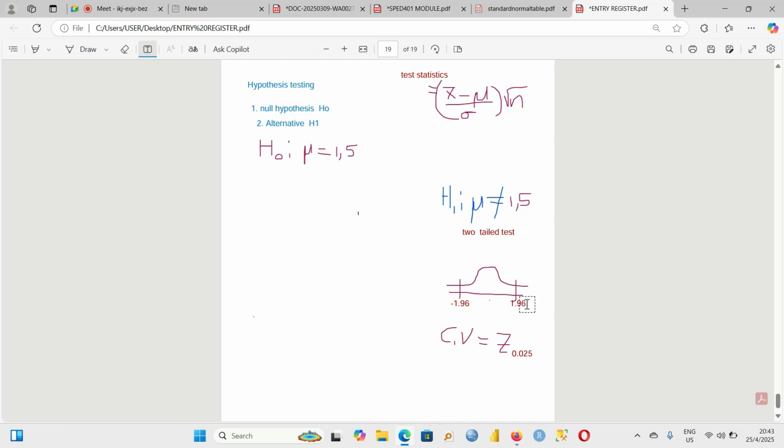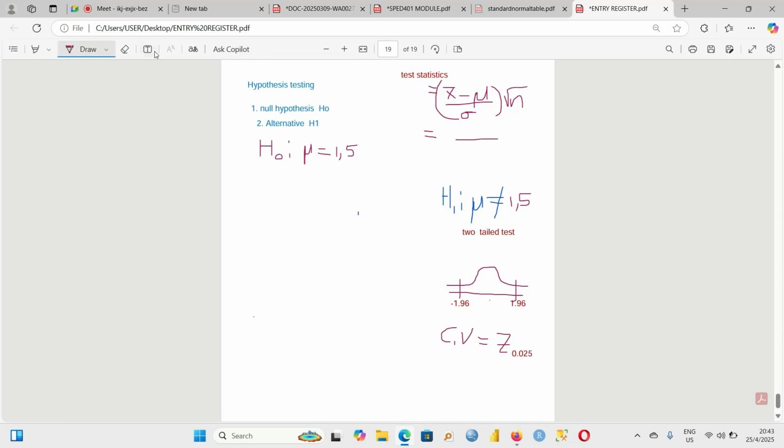Then the next step is the test statistic. The test statistic z equals x bar minus mu over sigma, times root n.